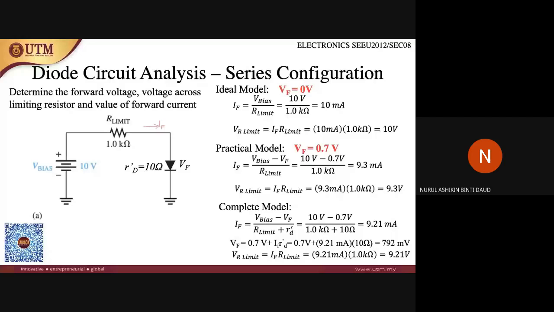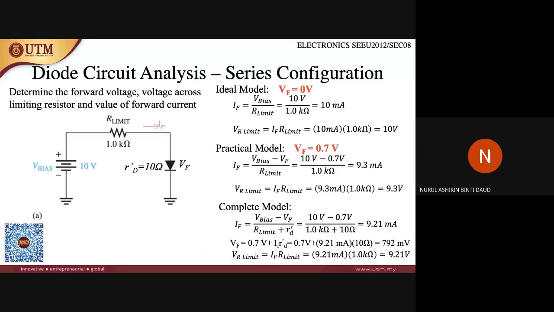The VF value is 0.7 volts, which is the barrier potential value. So 0.7 volts plus the IF that you found just now, 9.21 milliampere, times the resistance inside this diode. You add them together and you will get the VF value.